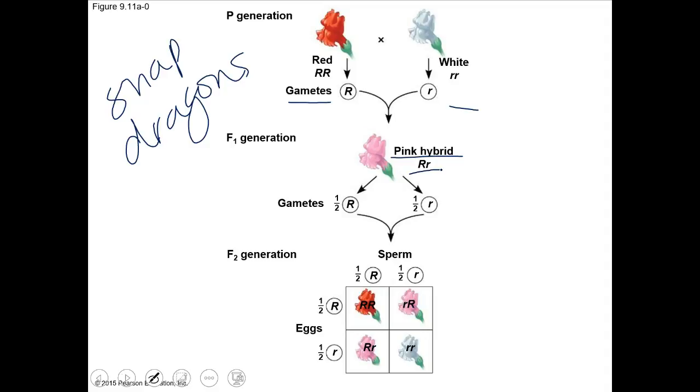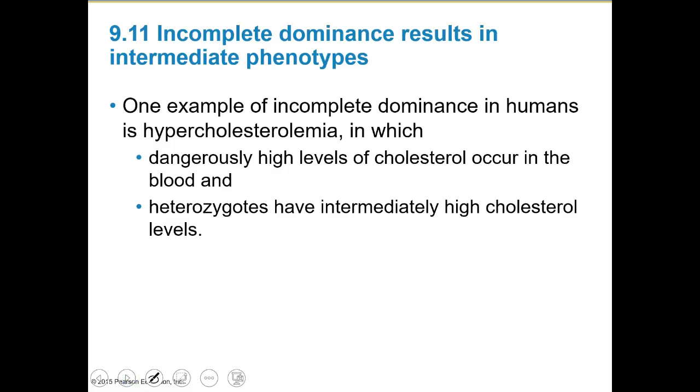If you cross our pink snapdragons together, you end up with one red, two pink, one white. So you end up with the same ratio that you had before. It works the same way with the heterozygotes, but instead of having two phenotypes appear, we'll have three phenotypes appear. See if I can get my words out today.